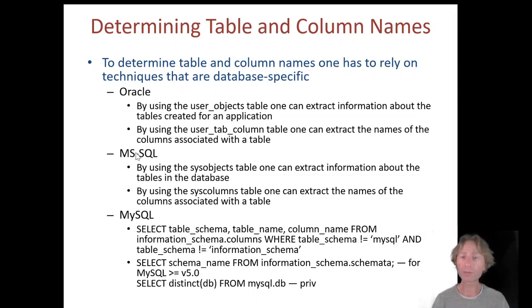Similar tricks exist for MS SQL and MySQL, where we can select the table schema, the table name, and the column name from the information schema, where the table is, etc. So this is all very database specific, but we can use this because we can simply do subqueries.